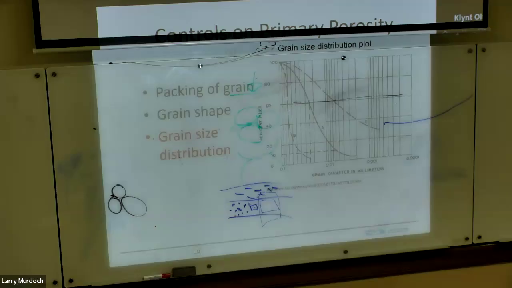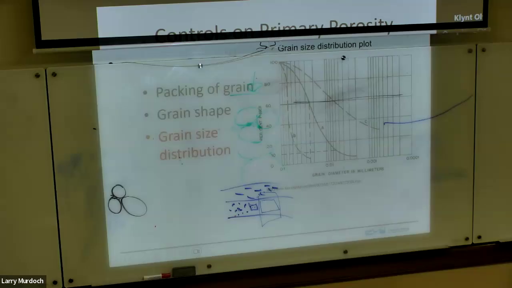You're going to take some sediment and put it through a set of sieves, and the sieves get smaller and smaller, and you measure what percent of the material is finer than a certain size. So here's the percent that's finer, and here's the grain size.